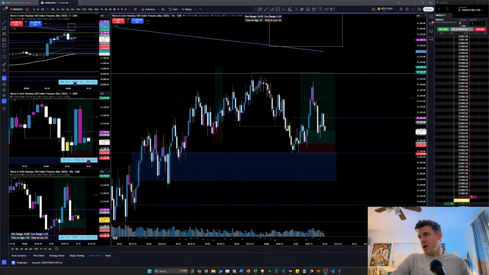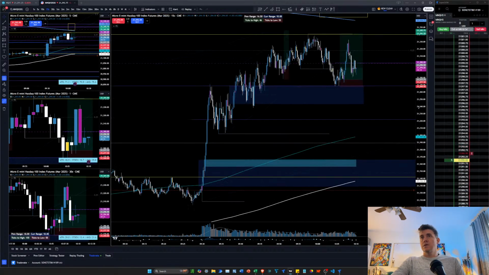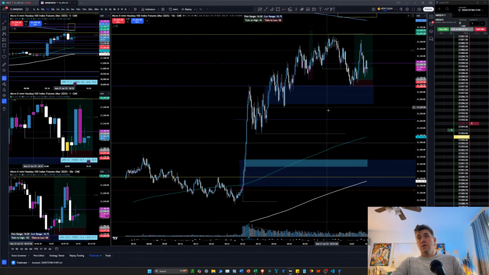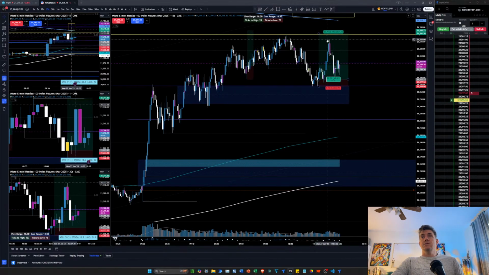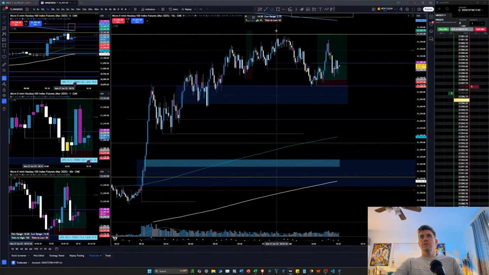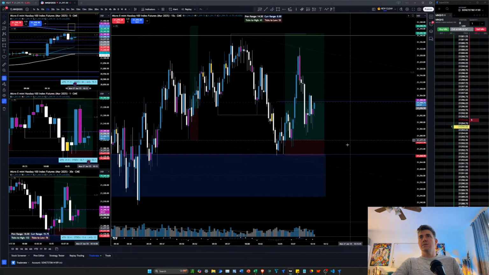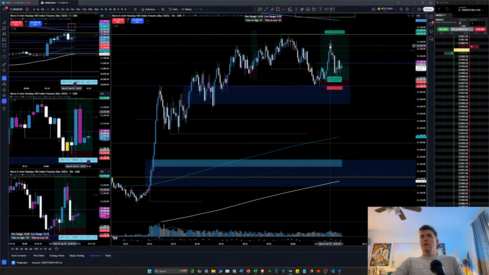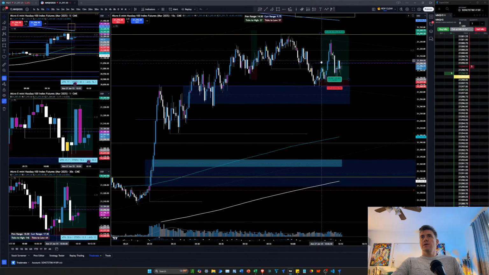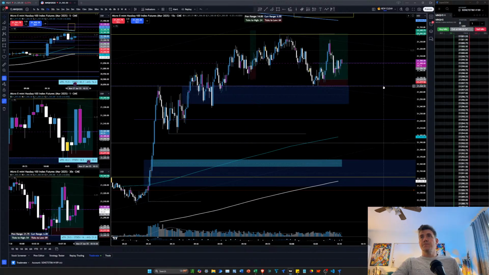All right. Nice little range action. Some action-packed range action. 50% of that range coinciding with this psych level, like I said previously.